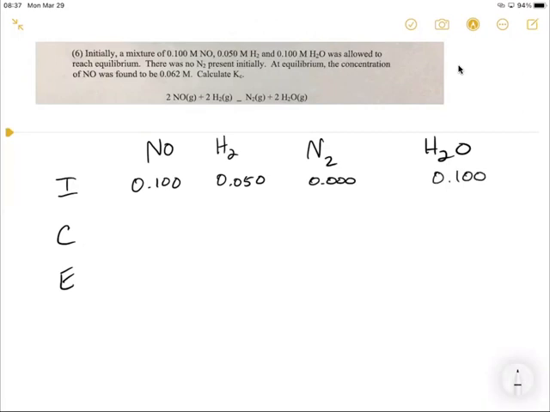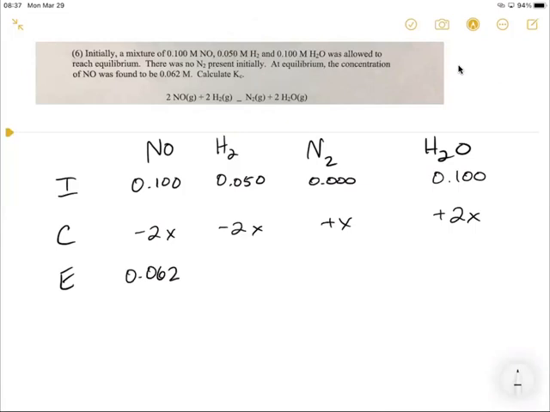Now we assign our values of change in equilibrium. So according to the balanced equation, NO is minus 2x, H2 is minus 2x, N2 is plus x, and H2O is plus 2x. And finally, they give us the equilibrium concentration of NO, which is 0.062.